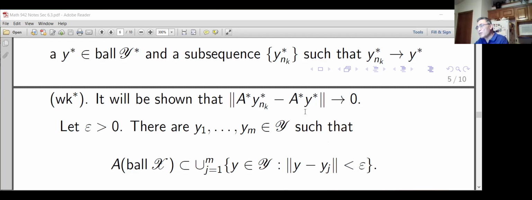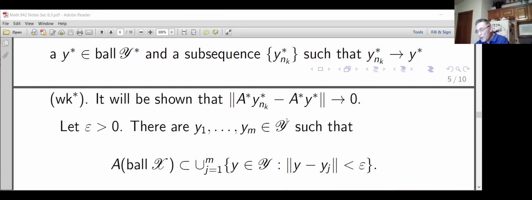So the idea is that we want to show this norm goes to 0. And this is true if and only if this functional applied to x in the ball of X goes to 0 uniformly.